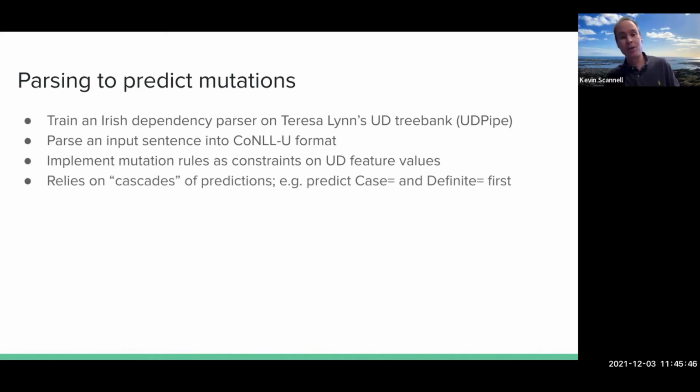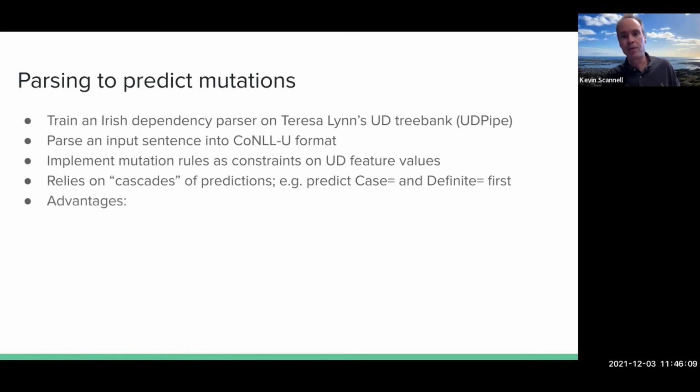For example, you need to correctly predict the case of all of the nouns, and more subtly, which nouns are definite versus indefinite. This turns out to be important in Irish for various mutations. You need to make those predictions correctly first before you can hope to make the correct mutation predictions.